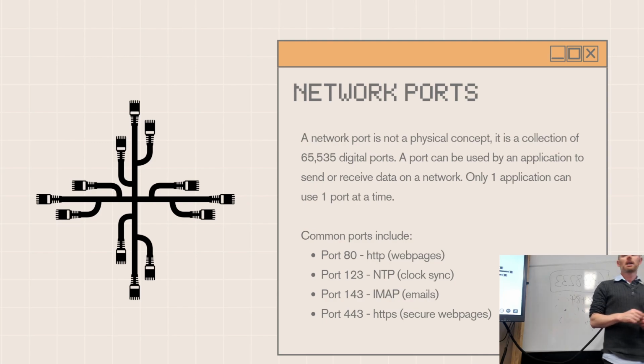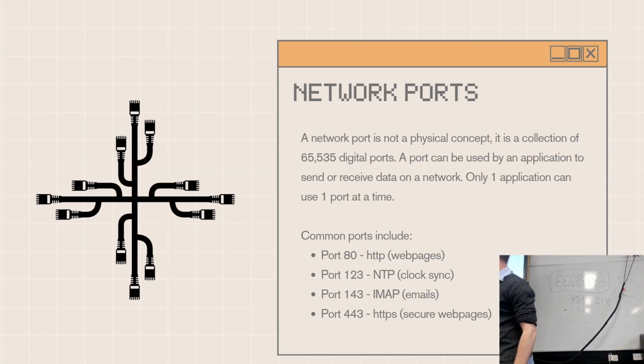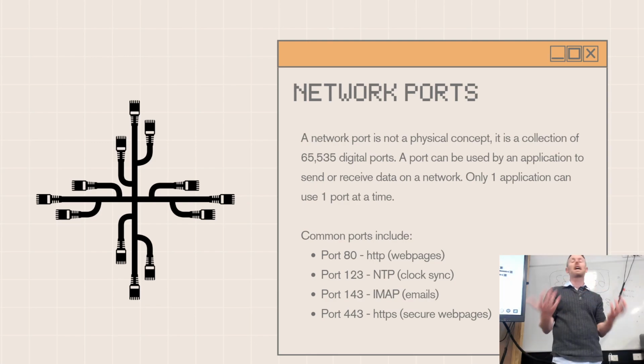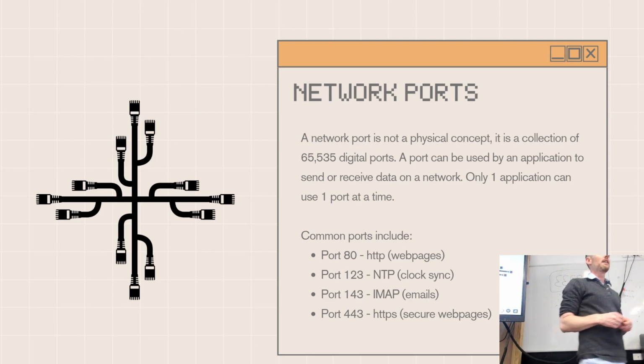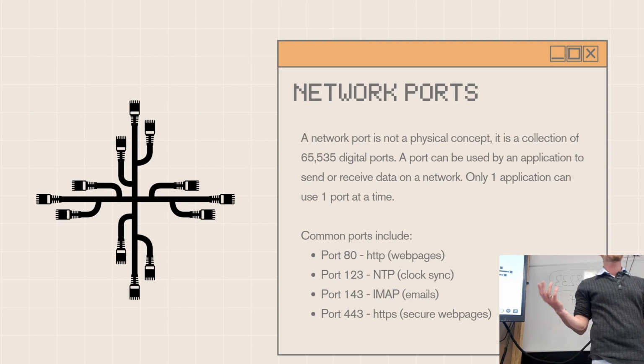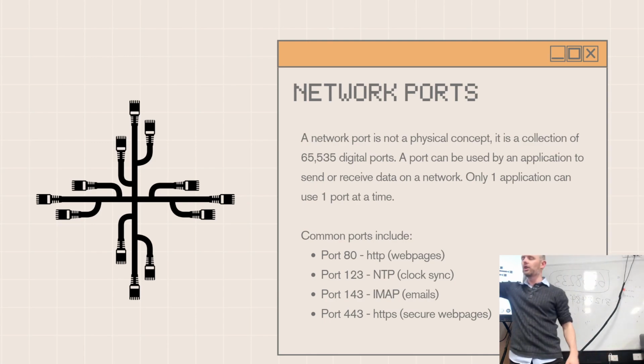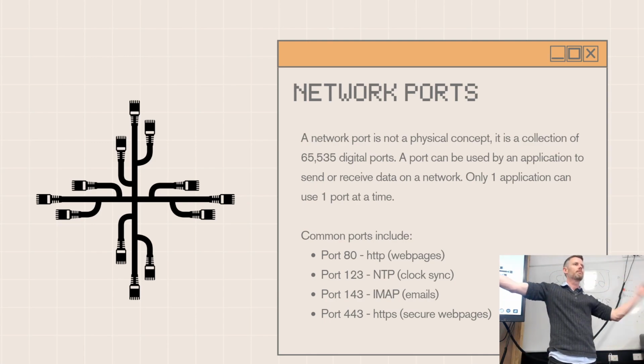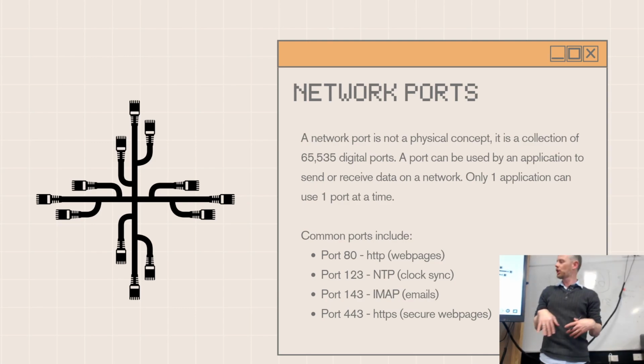Now guys and gals, you do not have to remember these port numbers off by heart, thank God. But the most common ones that you use almost on a daily basis: the first one, port 80, HTTP. Where do you usually see that? Websites, absolutely perfect. So that port is used for sending websites to people. If you connect to youtube.com, you're using port 80 to download the web pages from YouTube.